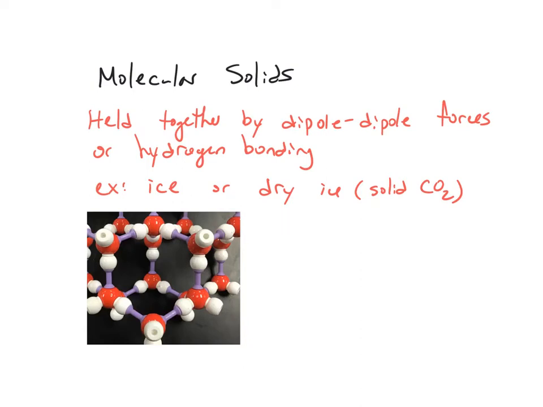So what you're looking at now is a picture of an ice crystal. This is a model that I have back in the cabinet, but you can see that these are alternating waters, and the purple is the dipole interaction of the hydrogen bond. So you got 6 different water molecules, and they're held together by their dipole-dipole interactions between the 6 different molecules of water, and you get this hexagon.